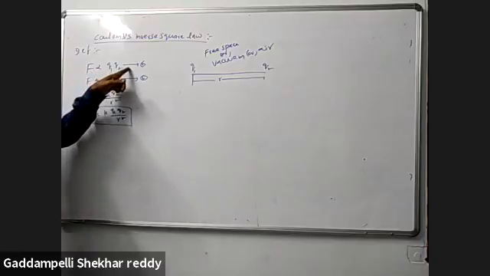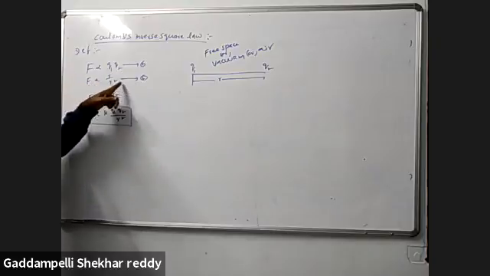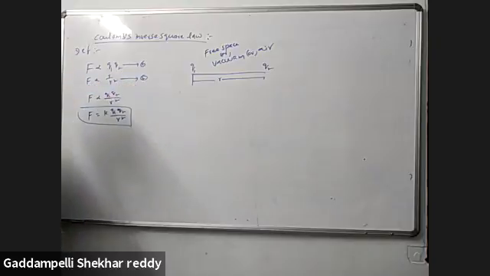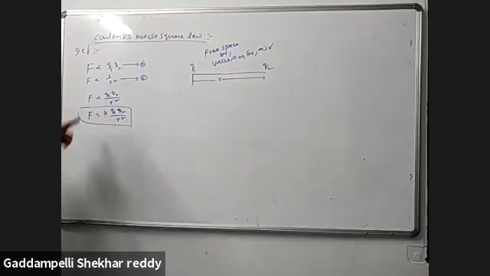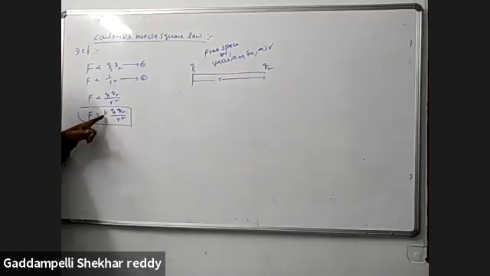F proportional to Q1 Q2, equation 1. F proportional to 1 by R square, equation 2. From equations 1 and 2, F proportional to Q1 Q2 by R square. Now removing proportionality, substituting a constant K, F is equal to K Q1 Q2 by R square.